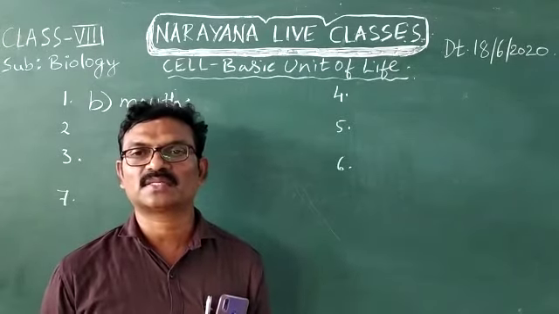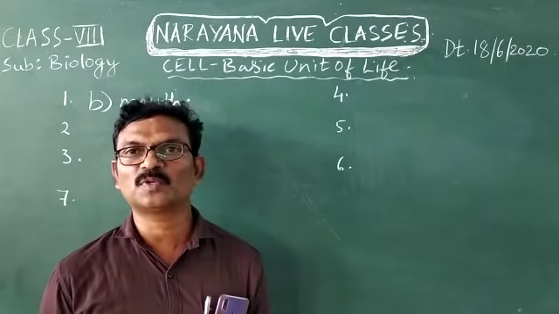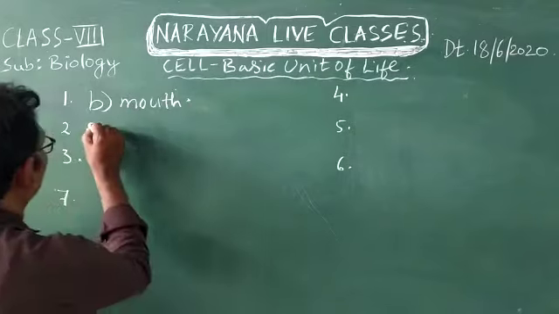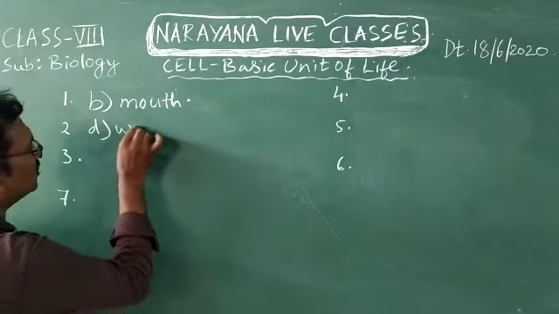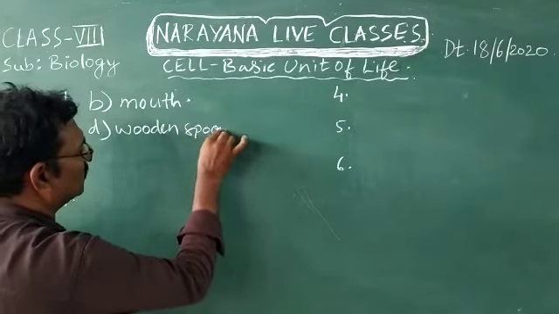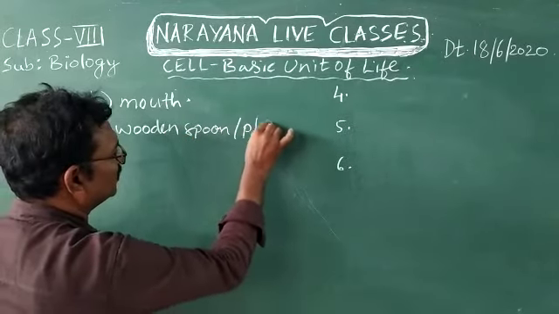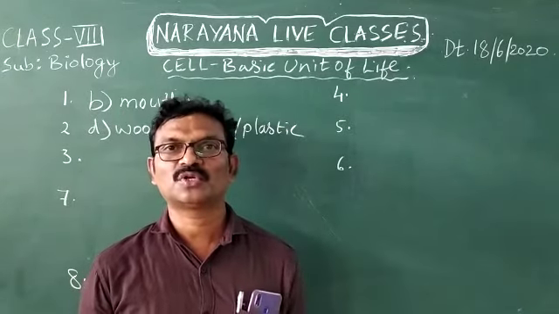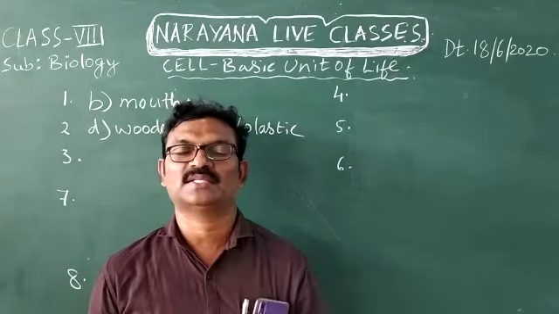Option D is correct answer, that means wooden spoon or plastic spoon. Wooden spoon or plastic spoon should be used to scrap the cheek cells.